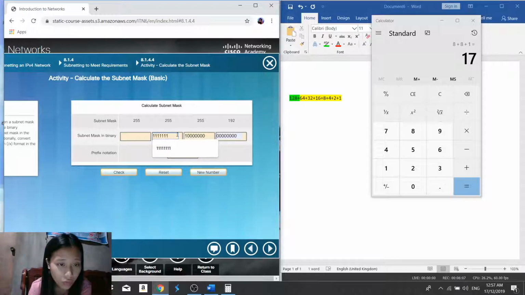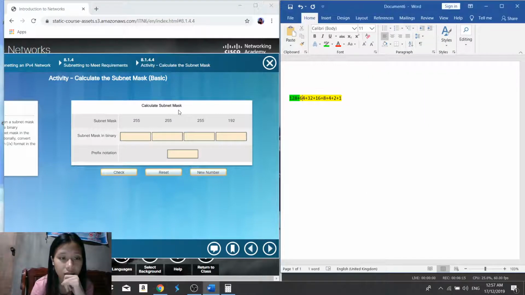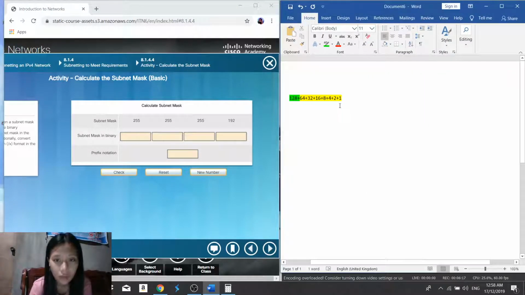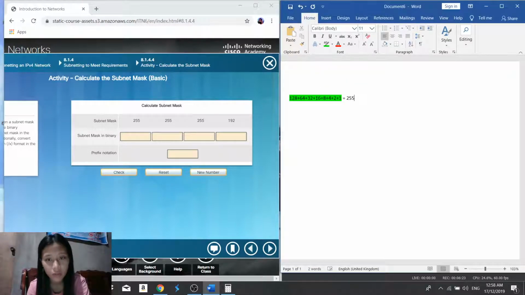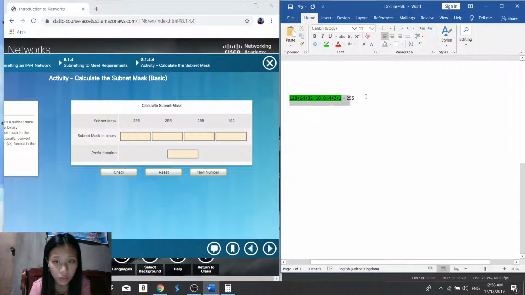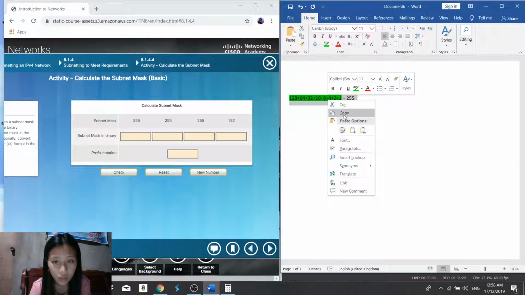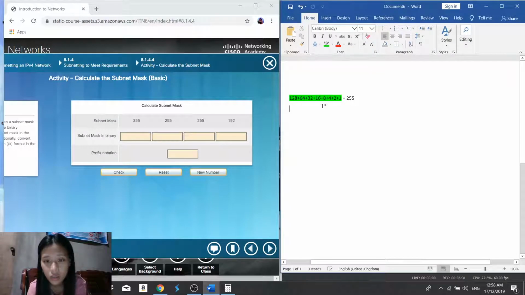So I'm going to remove this again. As I said already, the 255 is all these numbers added, which equals 255. So again in 255, I'm just going to copy it here for you to really understand how I do that.